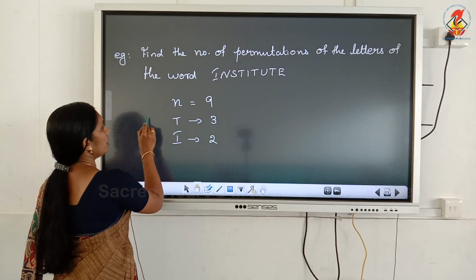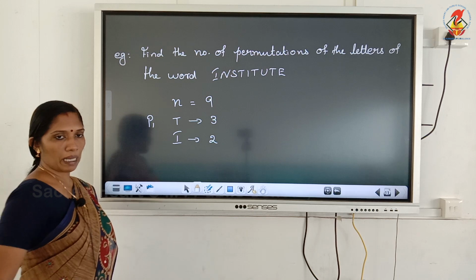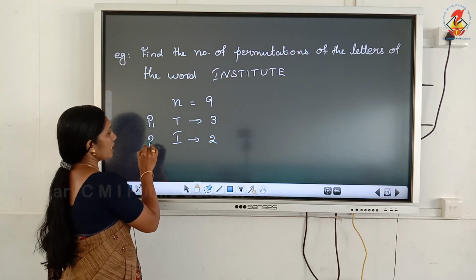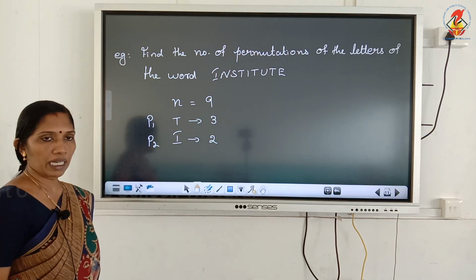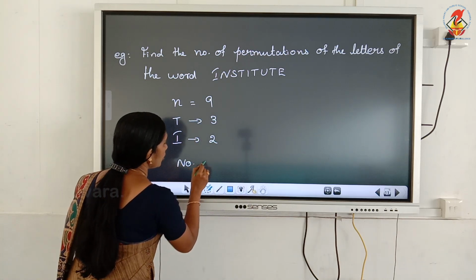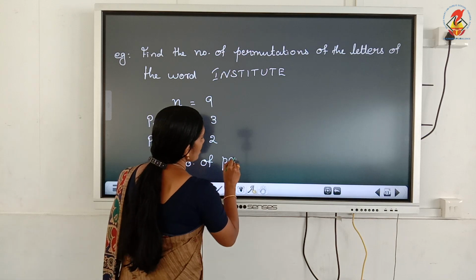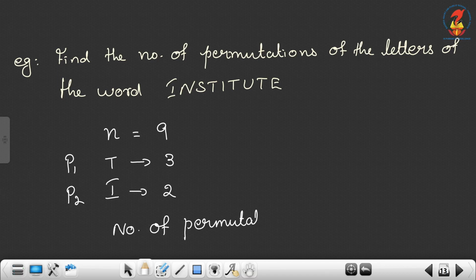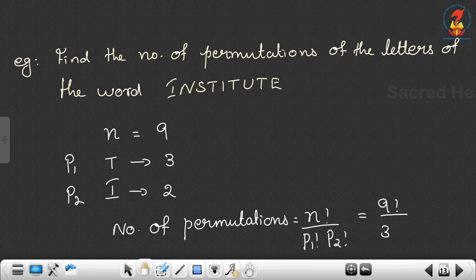That is p1 objects are of the same kind and p2 objects are of the same kind, like that. So how to calculate the number of permutations? The number of permutations is equal to factorial n by p1 factorial into p2 factorial. That is 9 factorial by 3 factorial into 2 factorial, and you have to calculate that.